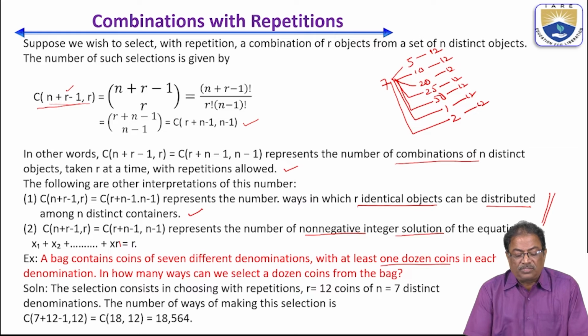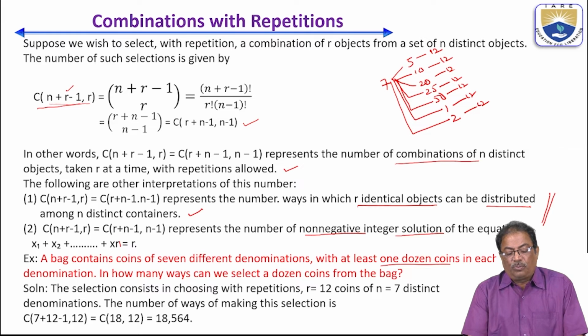Now the question is, in how many ways can we select a dozen coins from the bag?